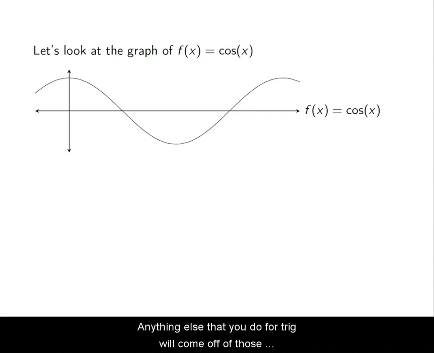Anything else that you do for trig will come off of those graphs, or at least know their values from the unit circle. Anything else trig related you can figure out as far as triangles and circles and their values. Okay. So for cosine, we know that we have a period of 2 pi.